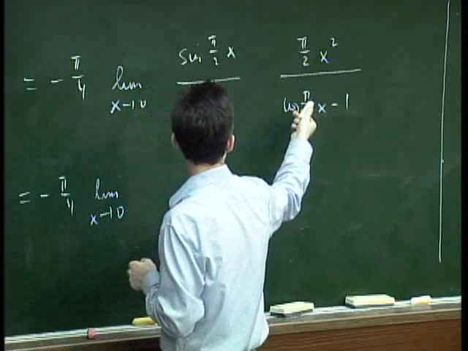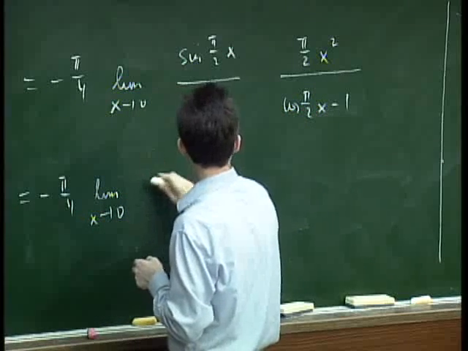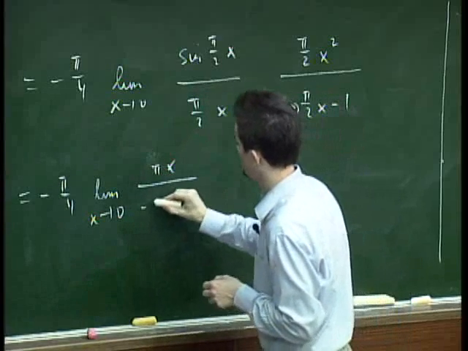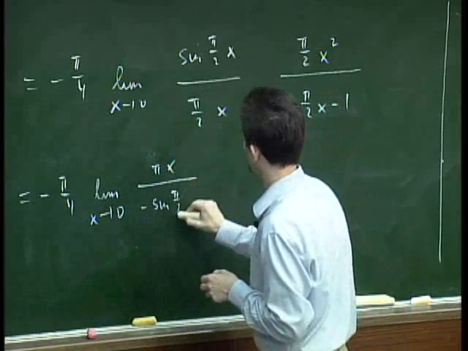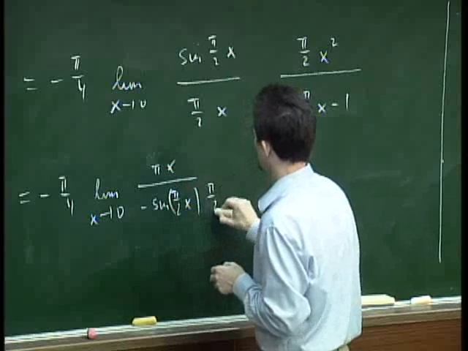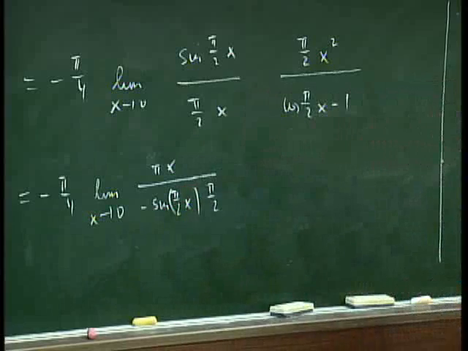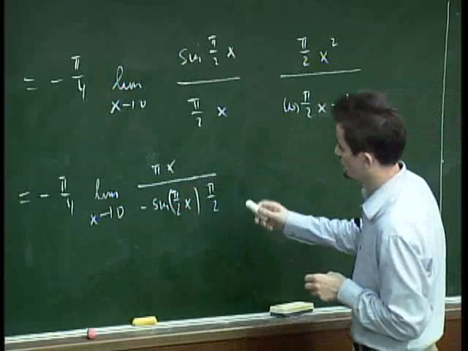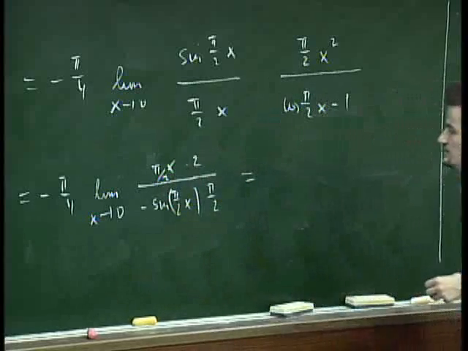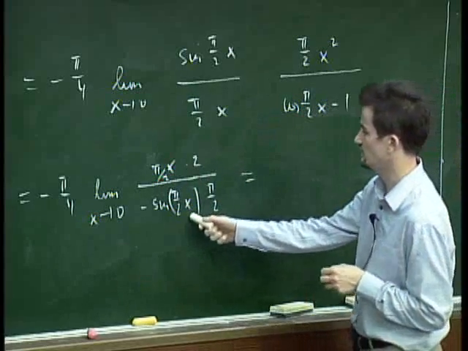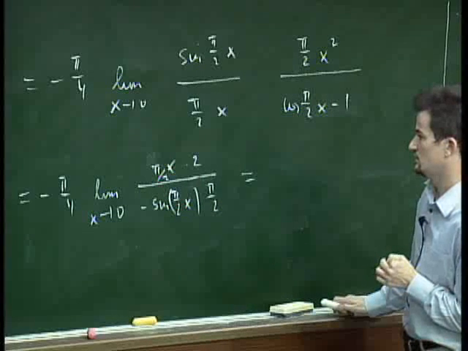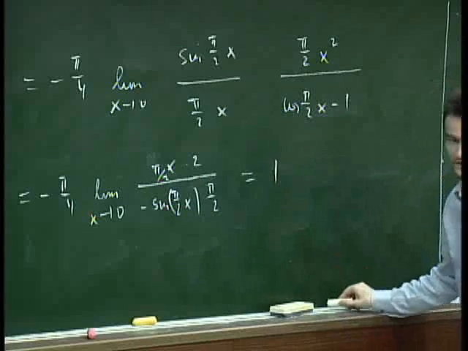And what we still have is this one. So this is pi x over, and here we have minus sine pi half x times pi half. Now you see, if you multiply this here with 2, also this here is 1. So what do we get overall? Pi half times 1.